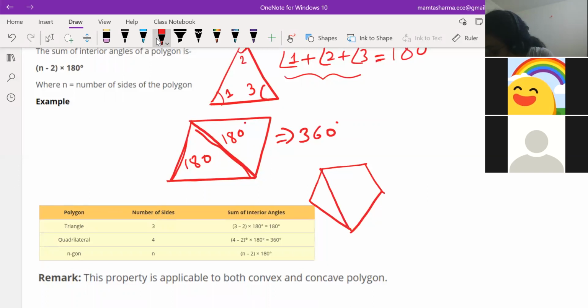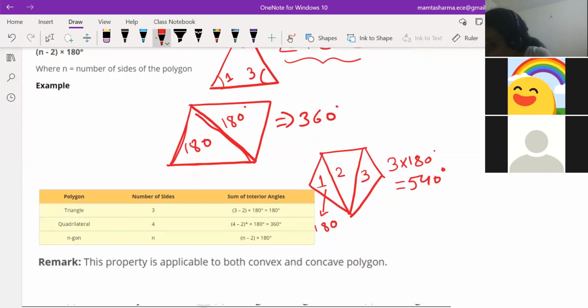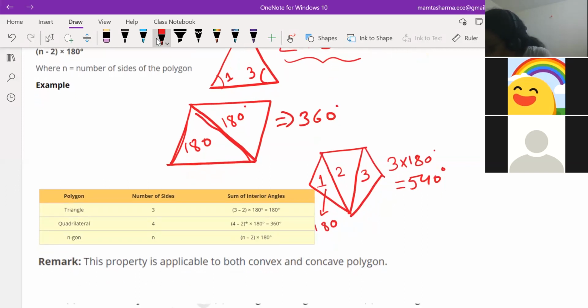If I join this point, and this point, there will be 3 triangles inside a pentagon. If one triangle's angle sum is 180, the 3 triangles' angle sum would be 180 into 3, that is 540 degrees.